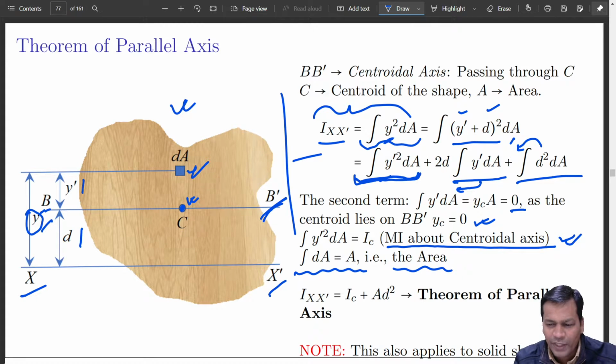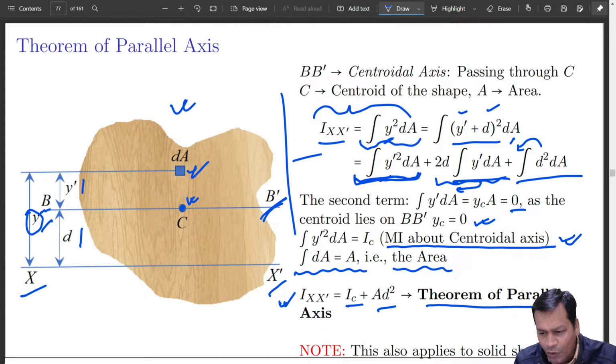Effectively the second term, 2d times the integral of y dash dA, should be equal to 0. So this gave me Ixx dash is equal to Ic plus Ad square. This is the theorem of parallel axis.